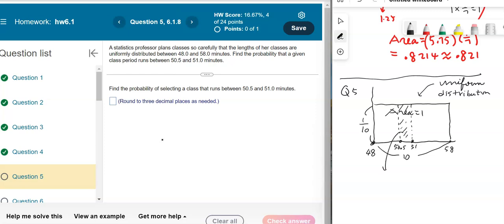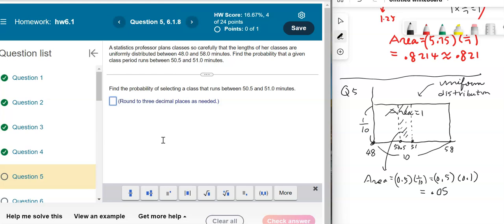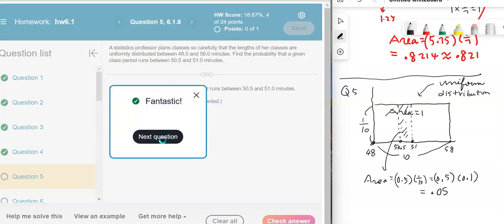So this area is 0.5 times 1/10, which is 0.5 times 0.1, which is 0.05. So this is 0.05. Okay.